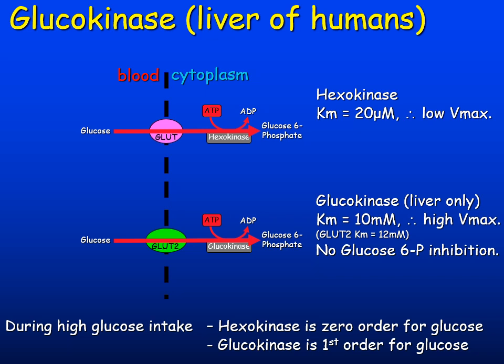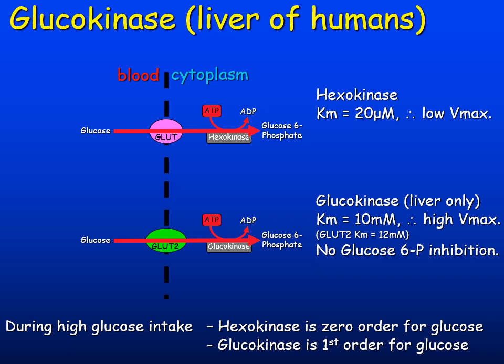So therefore, after a high carbohydrate meal, where you've got glucose flooding into your bloodstream, your liver, equipped with GLUT2 transporters, can absorb a good portion of that glucose out of the blood and then phosphorylate it using glucokinase, effectively locking that glucose inside the liver cell.